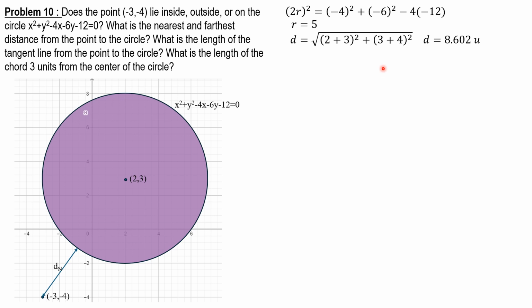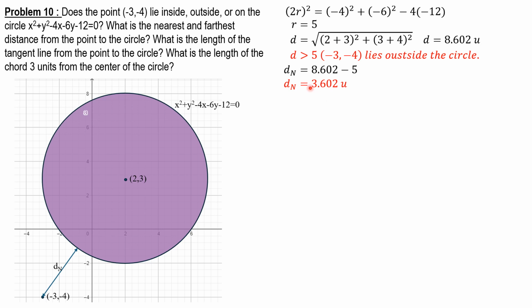In decimals, that's 8.602 units. By the way, the distance is greater than 5, so (-3, -4) lies outside the circle. The nearest distance is 8.602 minus the radius of the circle, so it is 3.602 units.